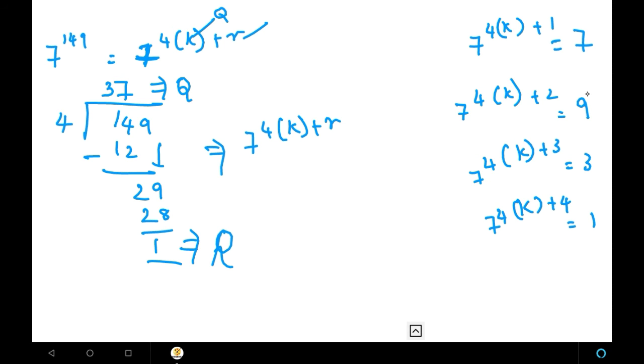So 7, 9, 3, 1 are the four numbers we will remember. Based on these four numbers, we are going to see the calculation for the unit digit.